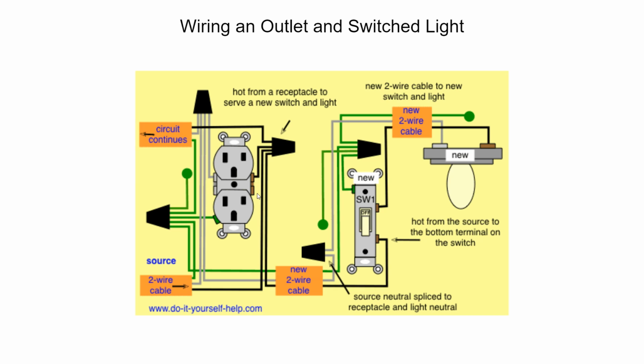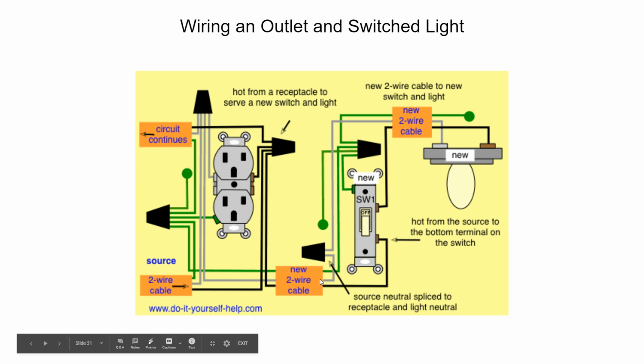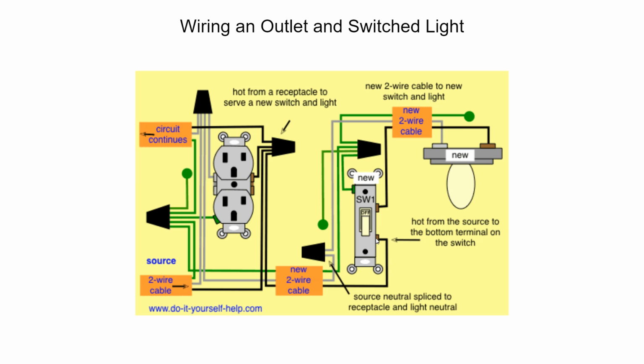You could also come off of here, but our silver then goes up into our next box, our white wire goes over into our next box where it meets up with the wire that's going to come from our light. Our black wire, because we're switching on the hot side, connects to the first brass screw on our switch.